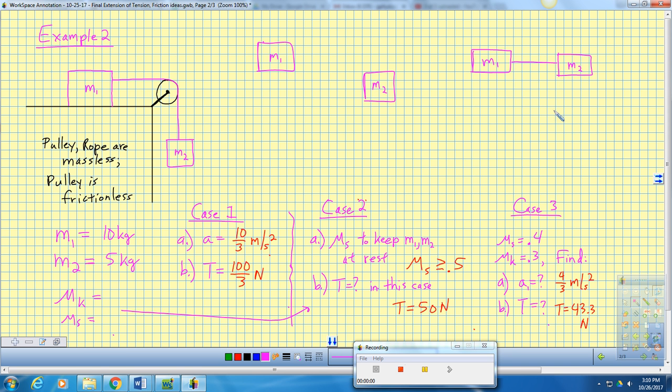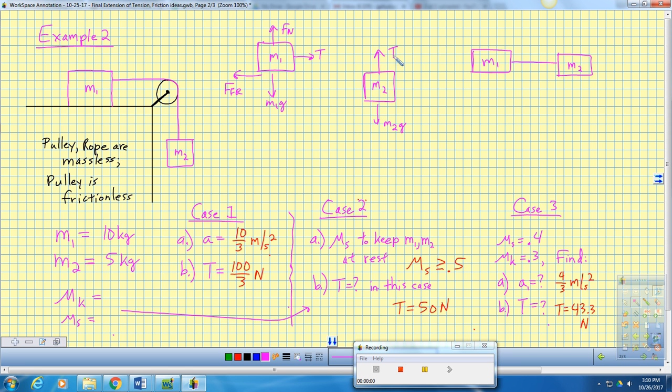Looking at our free body diagram, on M1 we'd have its weight, we'd have normal force, we'd have tension pulling this way, and we'd have force of friction pulling that way, because something's got to hold this system in place. We want it to keep everything at rest. On block 2, we'd have gravity and tension, and that's it.